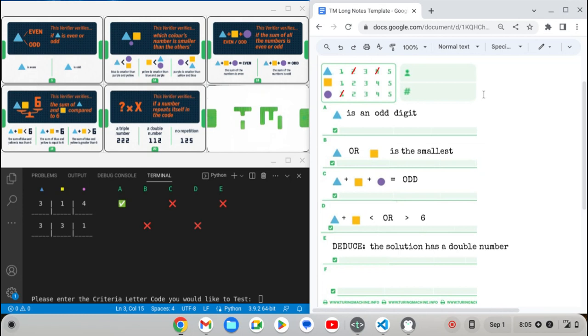So if we look at it from that standpoint, say it's square and circle that are the double, so that's going to be 2, 2, 3, 3, 4, 4, or 5, 5, which would mean that triangle is the smallest.